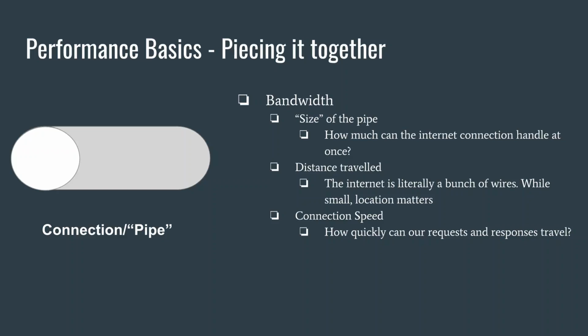Someone that's accessing the internet on, say, LTE or a 4G network on a mobile device, the width, the size of their pipe, so the amount of data that can be sent and received at one time, is going to be much, much smaller than someone on a full Wi-Fi, 20, 30, 40 megabits, or even gigabit now, internet connection. So that bandwidth or the size of the pipe is going to directly have an effect on how much can be sent and received at one time.